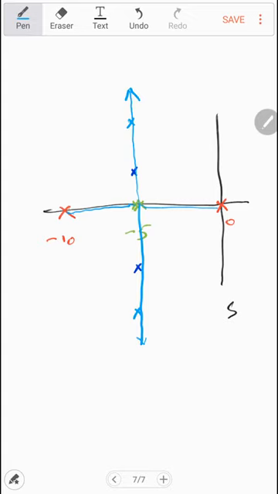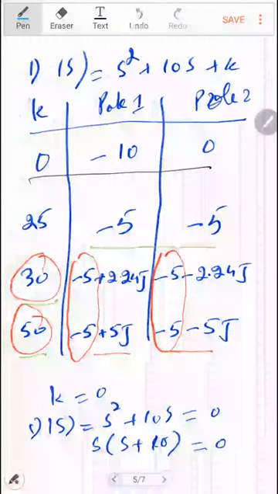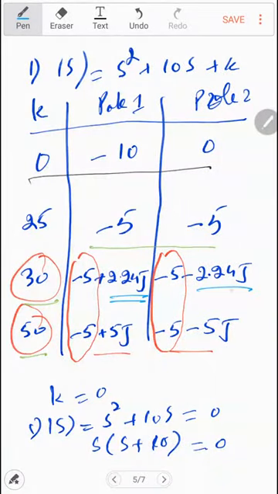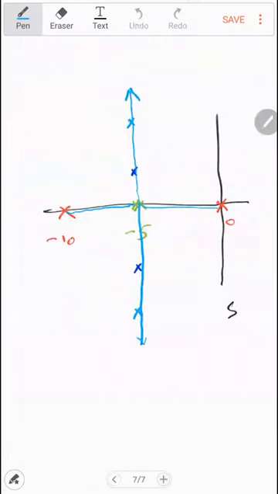Anyhow, they are symmetrical, which means this value and this value remain the same. Above the real axis and below the real axis, they are at the same location. Similarly, see this one and this one. This is called symmetry. They lie above and below the real axis by equal distance.